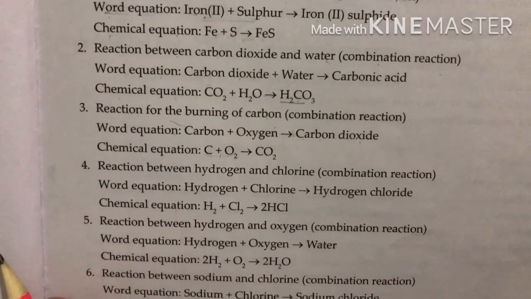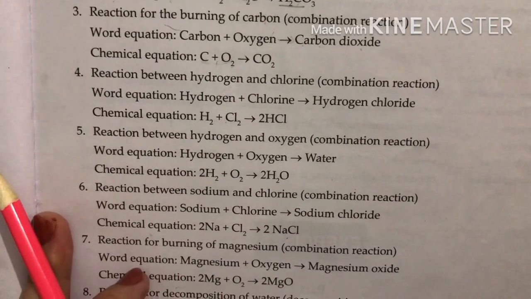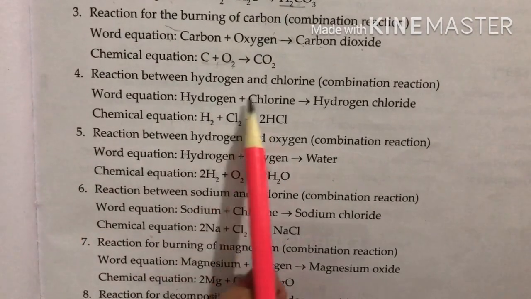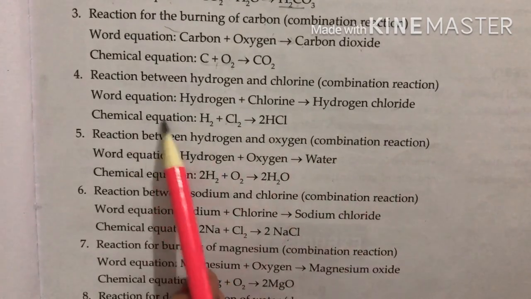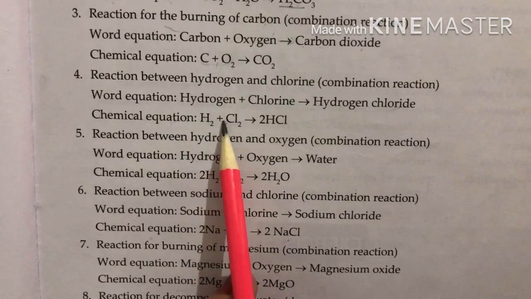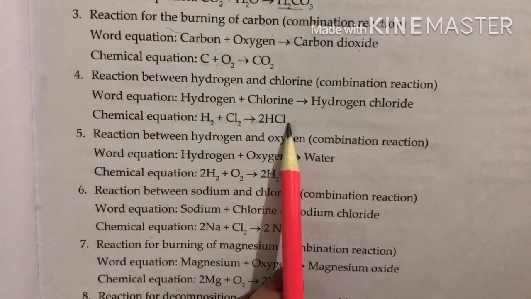Next is the reaction between hydrogen and chlorine. It is also a combination reaction: hydrogen plus chlorine gives hydrogen chloride. Its chemical equation is H2 plus Cl2 gives 2HCl.